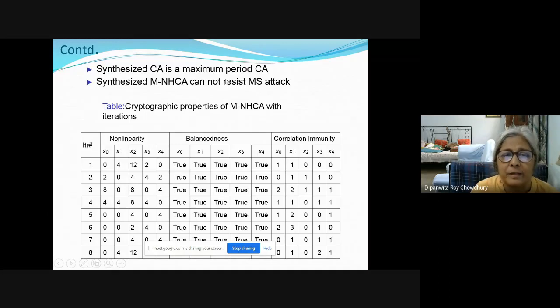See, this line is very important. That means, if you remember this CA-based design, the nonlinear part is maximum length nonlinear cellular automata. So even if it is maximum length nonlinear cellular automata, it cannot resist MS attack.